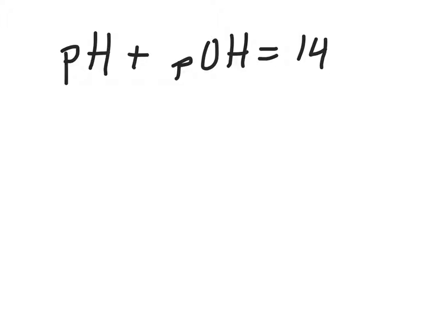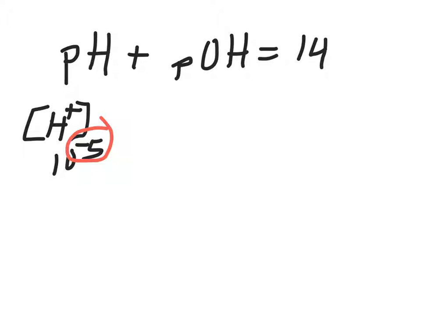Look at the very first one, where they're giving you hydrogen, a negative logarithm of 10 to the negative 5. Look at that number. What's the opposite of negative 5? A positive 5. So your pH is going to be 5.